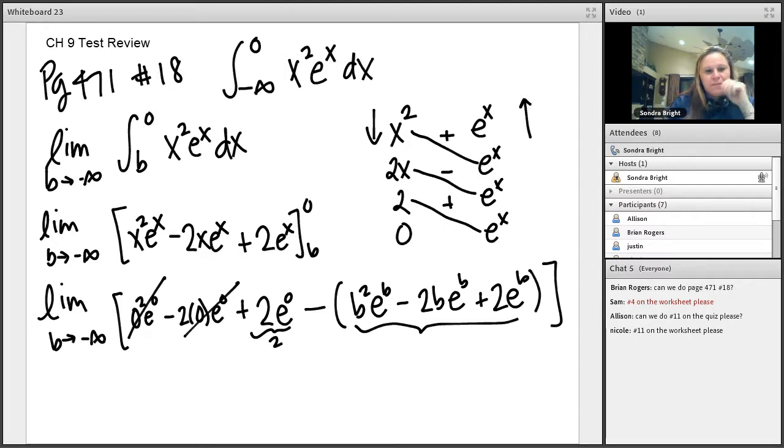Okay, so let me go to the next page real quick. Well, no, let me do this. I'm going to take each of these one at a time. The limit as b goes to negative infinity of b squared e to the b would really be negative infinity squared, which is a positive infinity, times e to the negative infinity, which would be a 0.